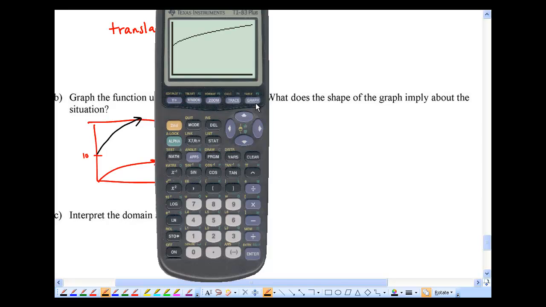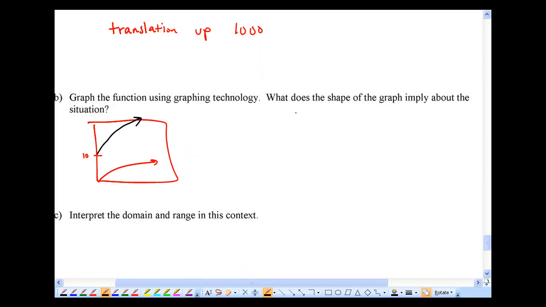See? More of the increase. So what does the shape of the graph imply about the situation? Well, it looks like the more you produce, and of course that means your n, the higher the costs. But the costs seem to get less and less as you go forward. So it's not like you're increasing at a faster rate.